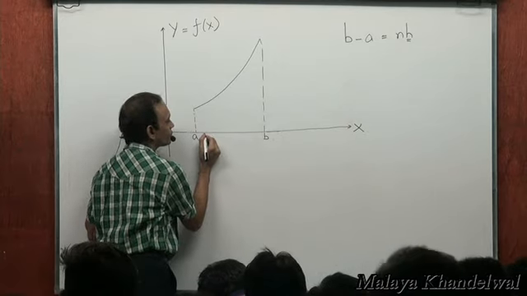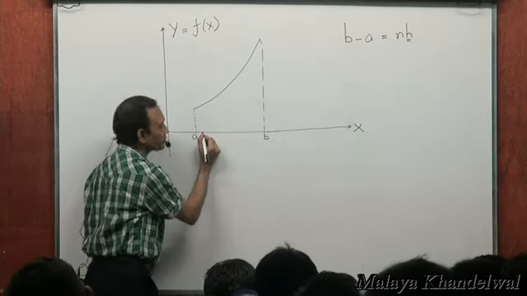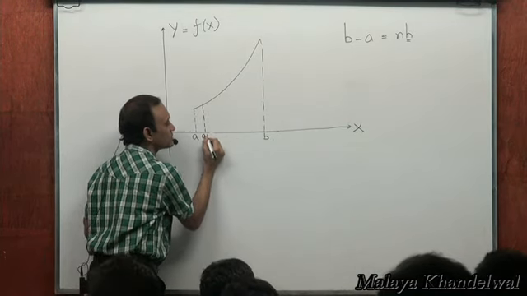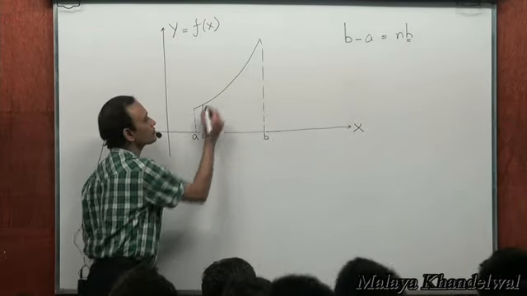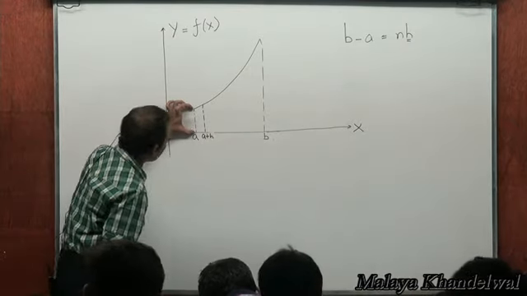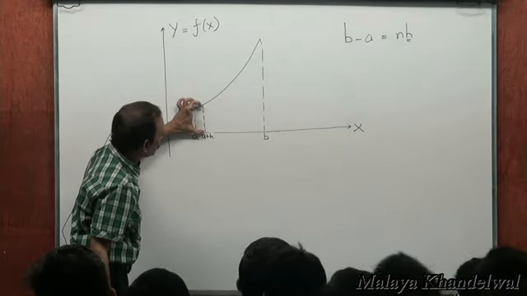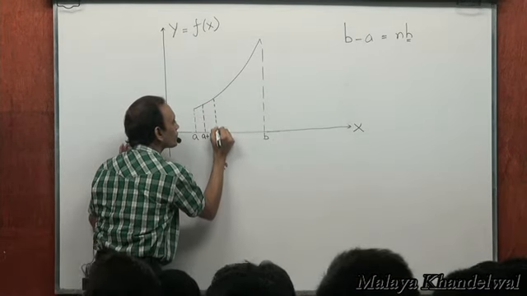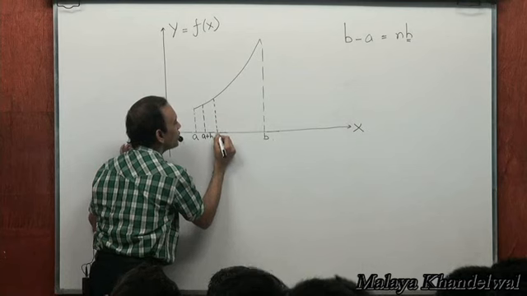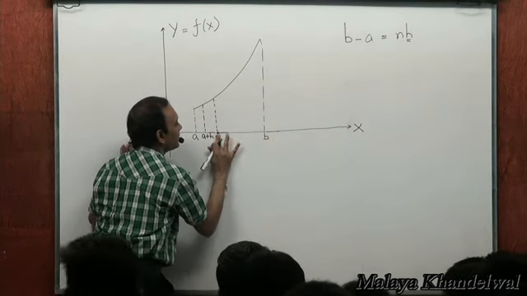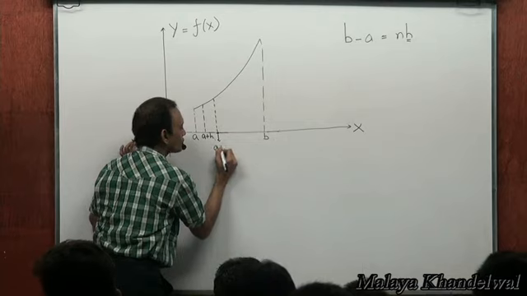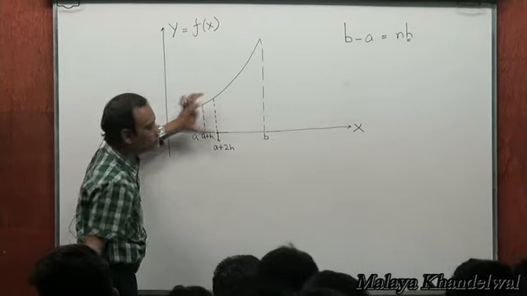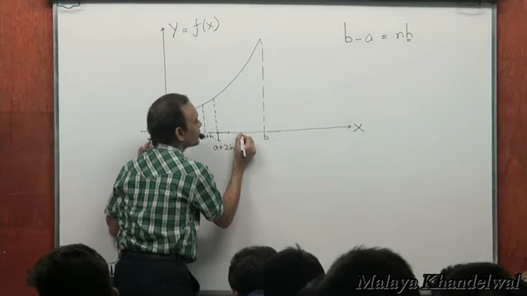Now, if the first node is x equal to a, the second node is going to be a plus h. The ordinate at a is going to be f(a). The ordinate at a plus h is going to be f(a plus h). The next x coordinate is going to be a plus 2h, and the ordinate here is going to be f(a plus 2h), and so on and so forth, going this way.